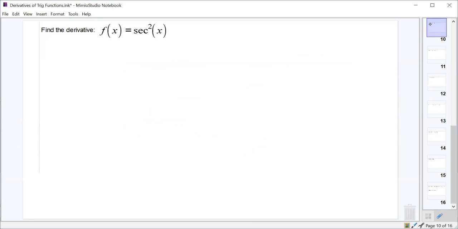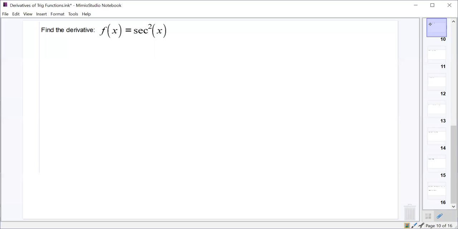All right, what about secant squared? How are we going to find this one's derivative? Use like the power rule.